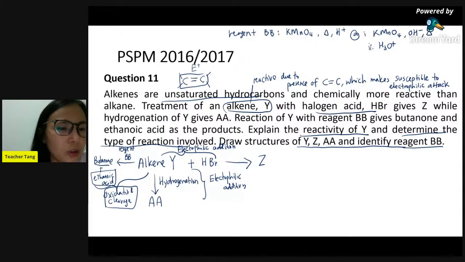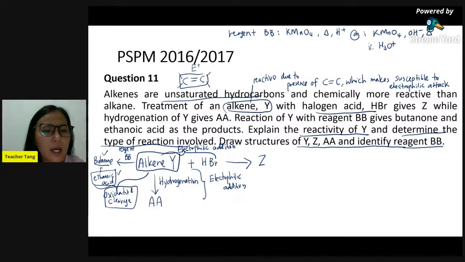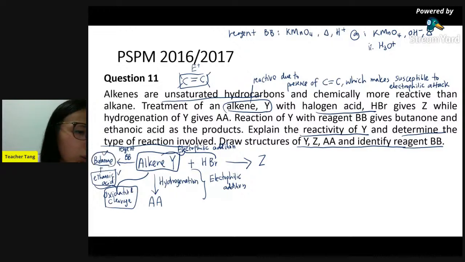So kalau kita mau tentukan alkene Y, macam mana kita nak tentukan the alkene Y? Mesti dari butanone dengan ethanoic acid. Sebab alkene terlalu banyak, berapa carbon, double bond kat mana kita tidak tahu. But here they already give you the clue. Alkene ini kalau pecah dua akan bagi kamu butanone and also ethanoic acid.